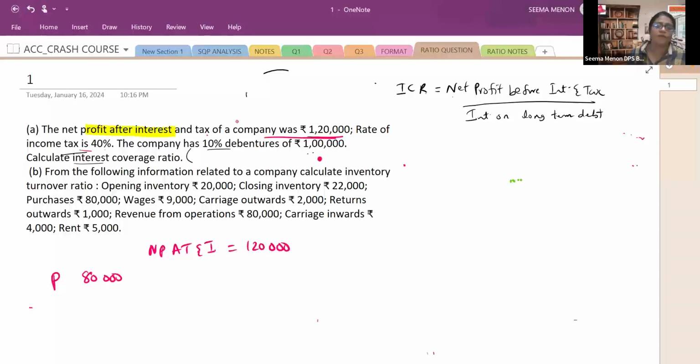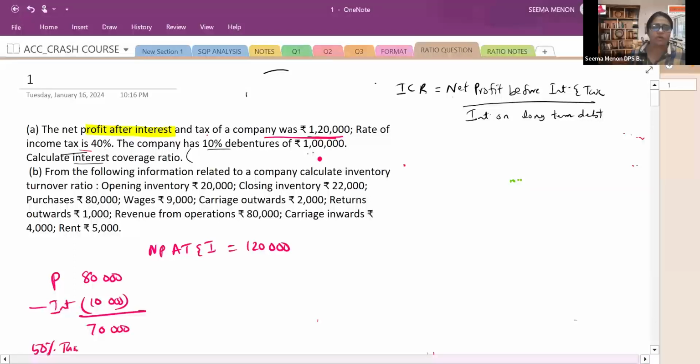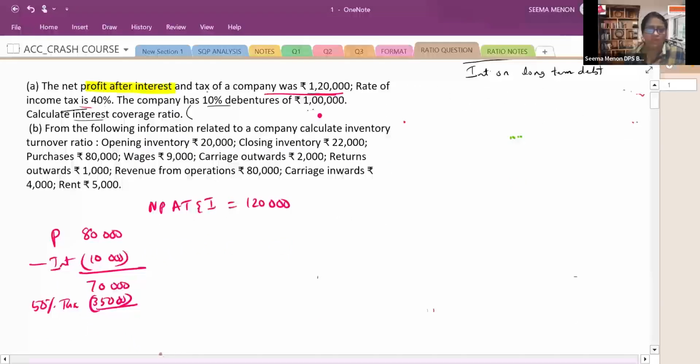From the profit, we always pay first interest, that is fixed charge we have to pay. For example, 10,000. Now we are getting 70,000. And on this 70,000, 50% may be tax. So 50% of 70,000 is 35,000. So net profit after tax here we will get is 35,000.